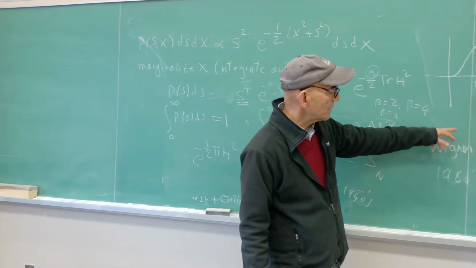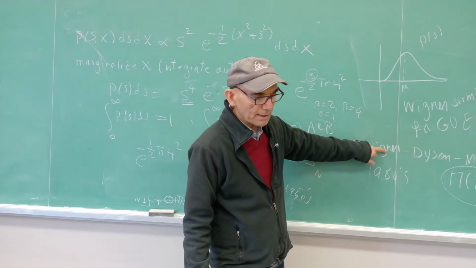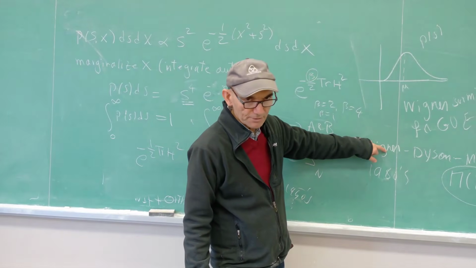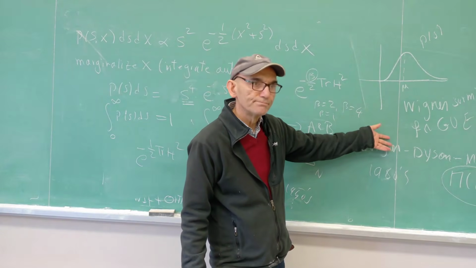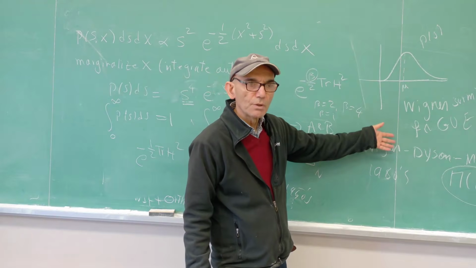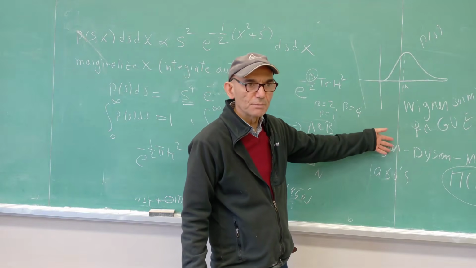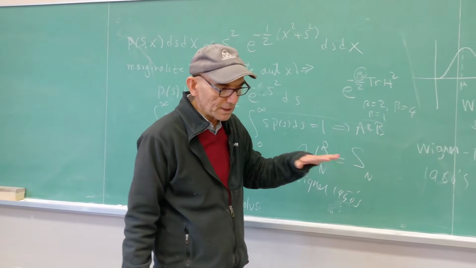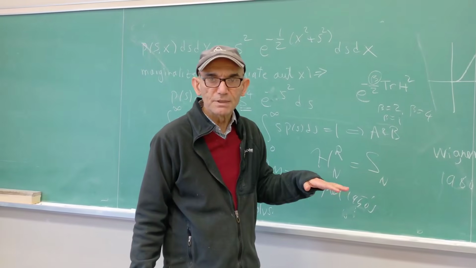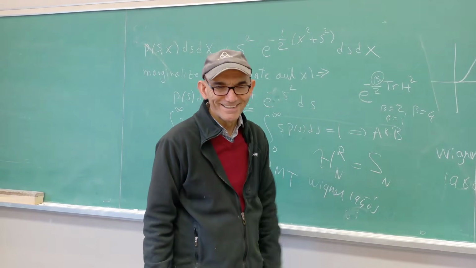He drops this problem of level spacings, but he attacks the question of eigenvalue distribution and then derives Wigner's semicircle law. But that's not what experimentalists are interested in, because in an experiment you never see eigenvalues themselves. You always see the differences between eigenvalues.